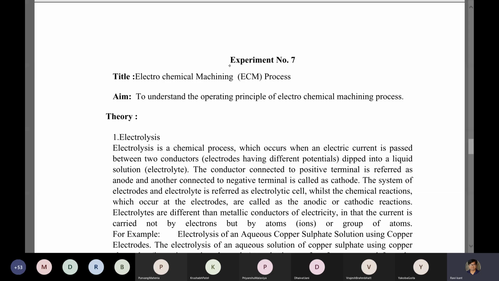So in today's lecture, we are going to take up experiment number 7, that is electrochemical machining. In the last class, I told you that mechanical engineering is subdivided into 3 parts, namely thermal, manufacturing, and design.